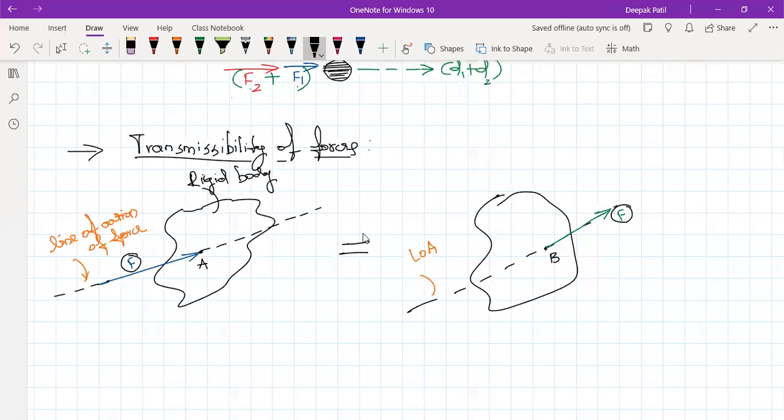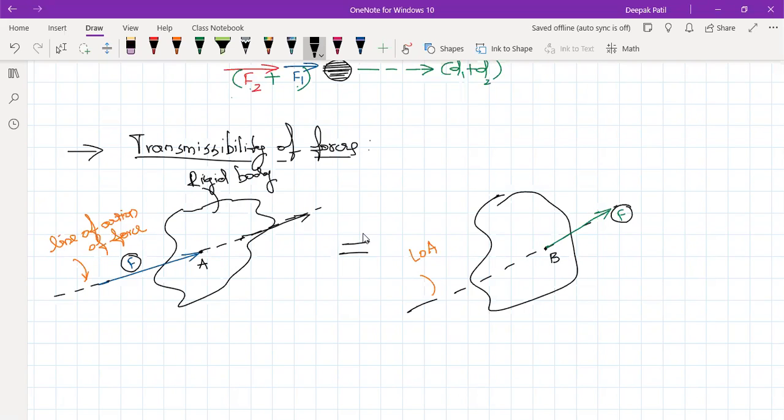Now this point B is on the same line of action, somewhere here. But now, instead of applying the force at point A, I'm trying to apply the force at point B. Okay, but I'm not changing the magnitude, neither am I changing the direction, right?